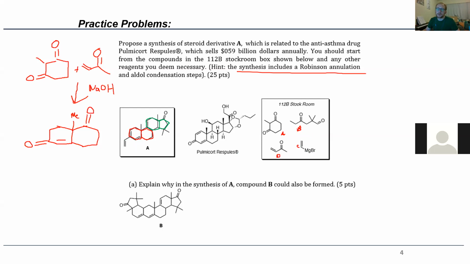So next we want to tackle how we think we can make this 6,5 fused system. And I think in synthesis, a huge flashing red light should be, if your target contains a 6-membered ring with an alkene in it, it is very possible that you could make this through a Diels-Alder reaction.